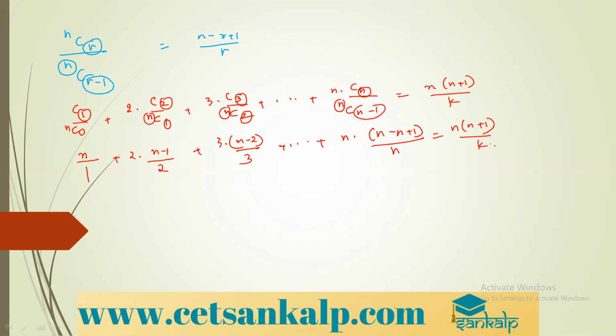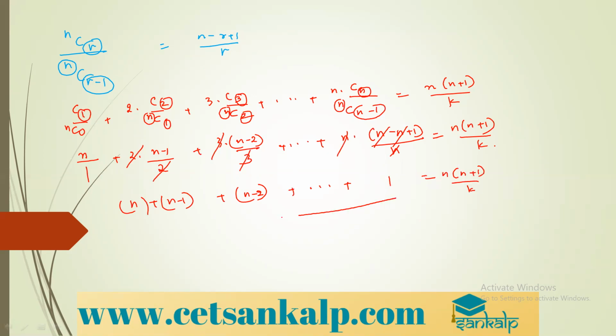See how easily I got it. I can cancel 2, 3, n. So I have n + (n-1) + (n-2), so on, in the end, I have 1, equal to n(n+1)/k.